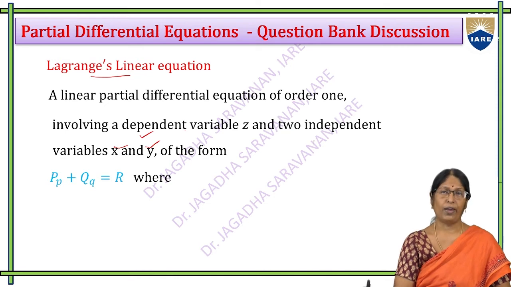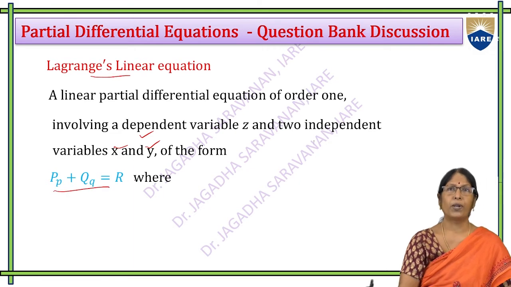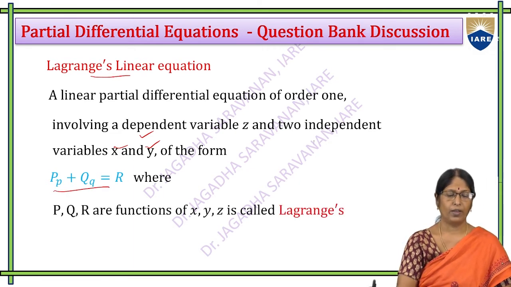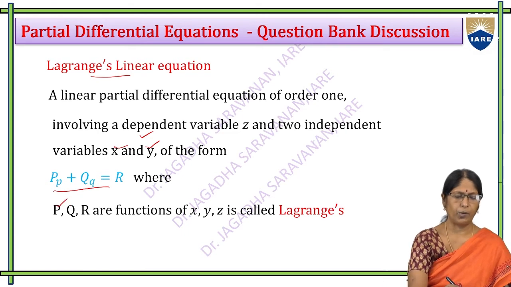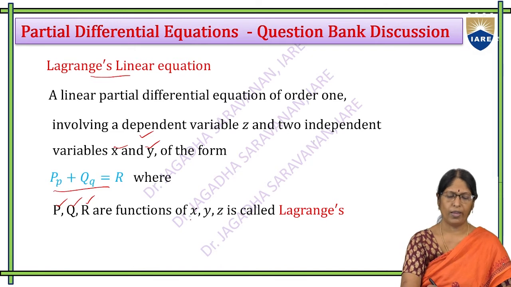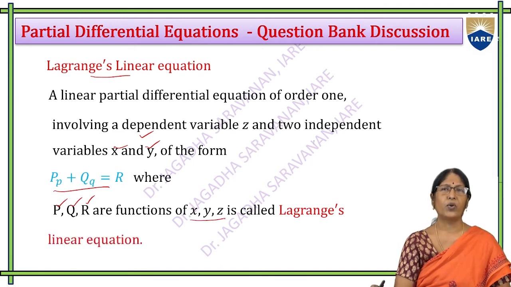To satisfy Lagrange's linear equation, the given equation should be in the format of Pp plus Qq equal to R. Here, capital P, Q, R are functions of x, y, z. They are called Lagrange's linear equation.